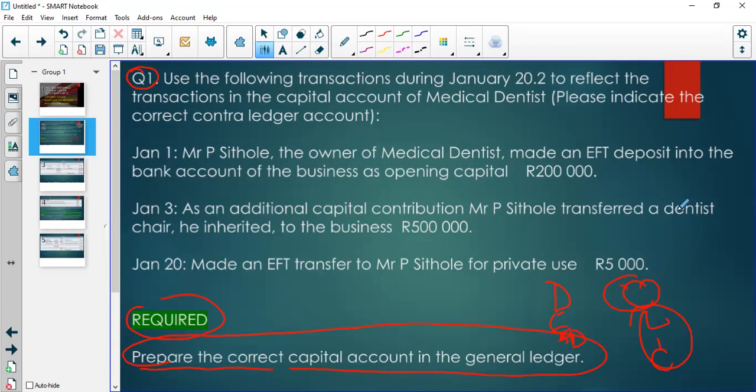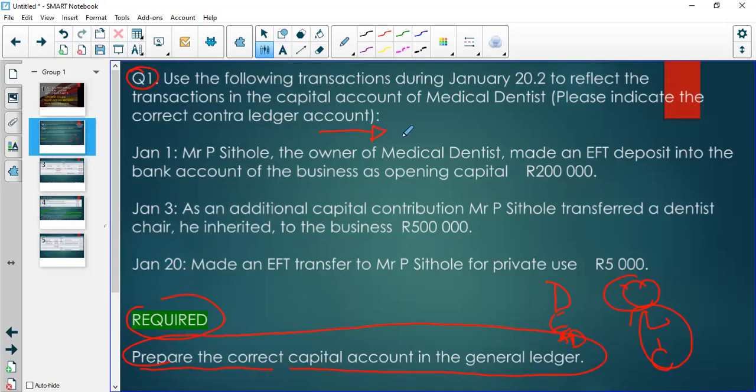But that is when you are recording transactions during the year. When you are closing the account, if you want to look at the balance at the end, then you can transfer drawings to the debit side.